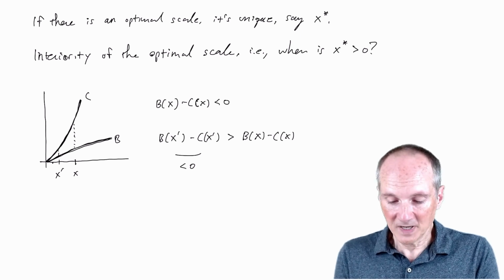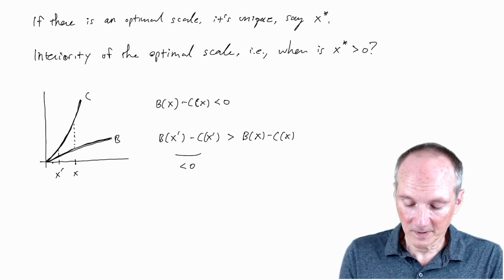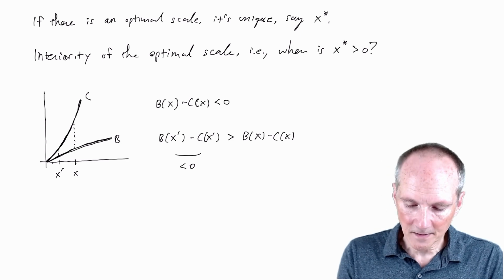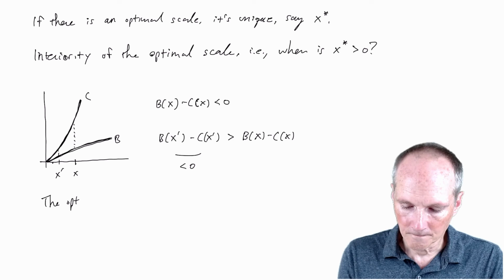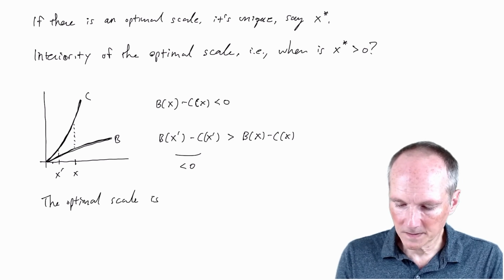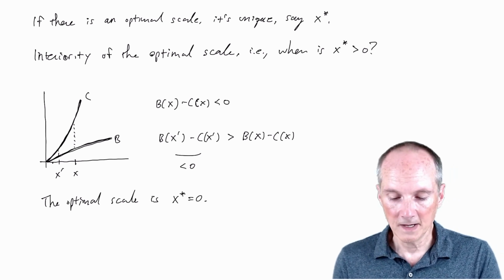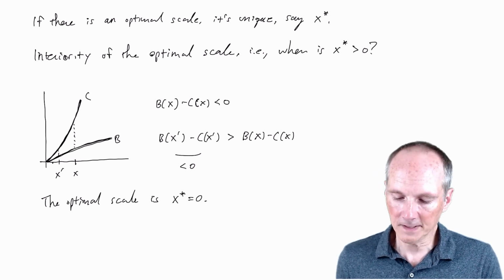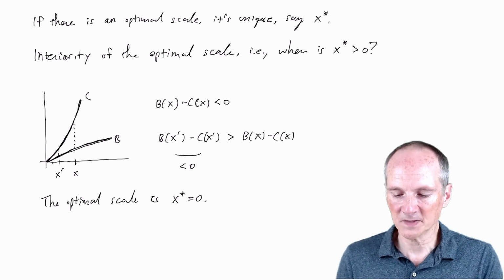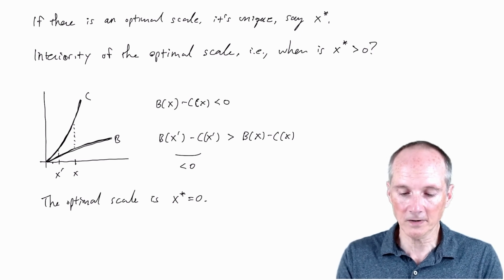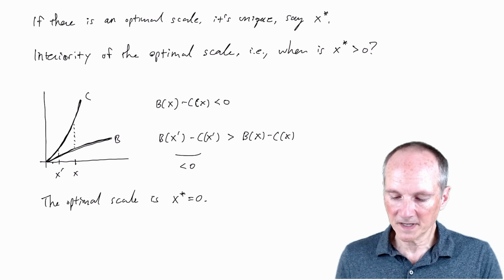In fact, in this picture, this is a long-winded way of saying that the optimal scale is just 0. Okay. There's nothing wrong with that. It's perfectly possible that you have an application where the optimal scale is 0.